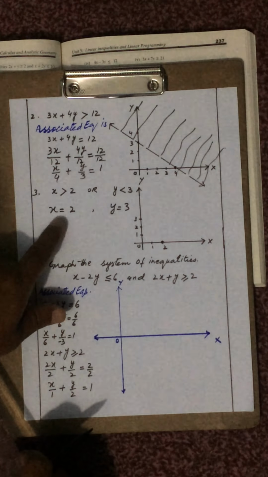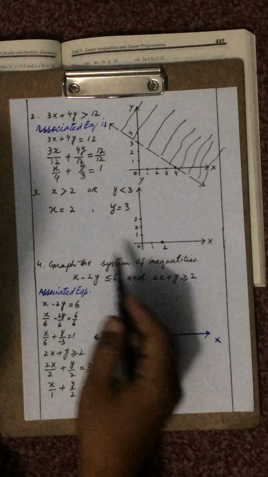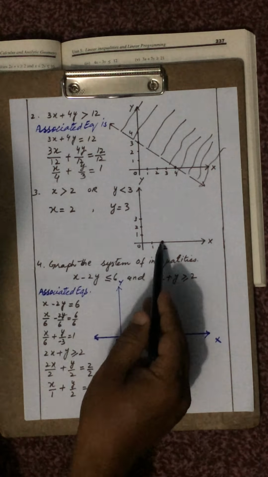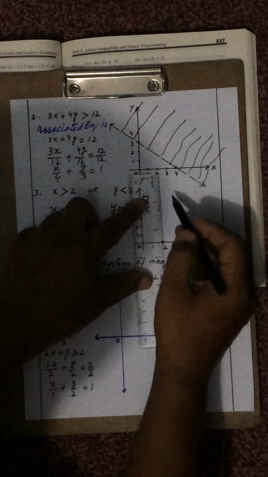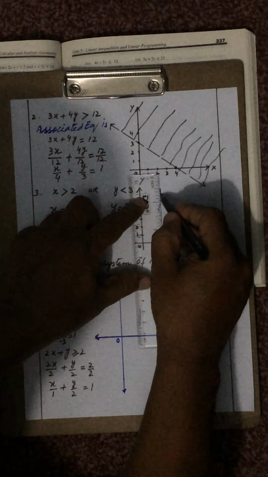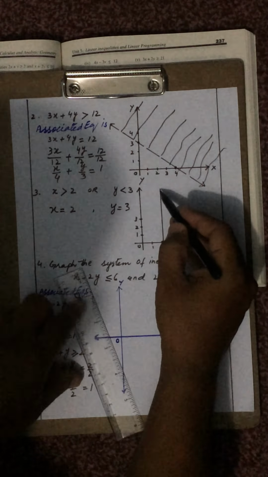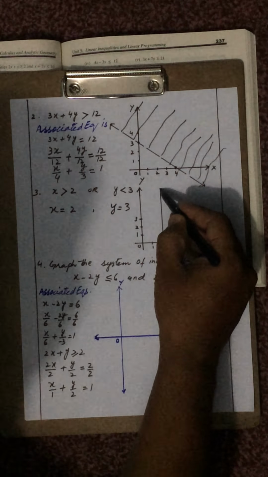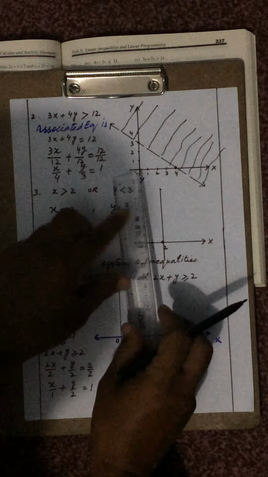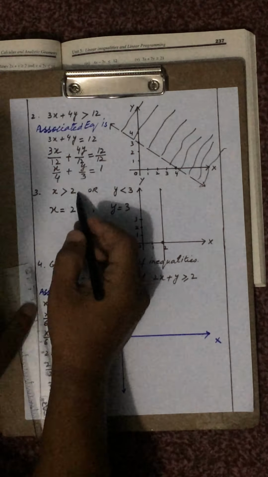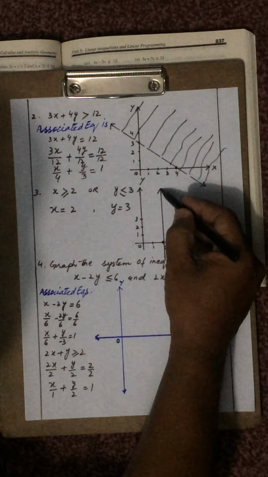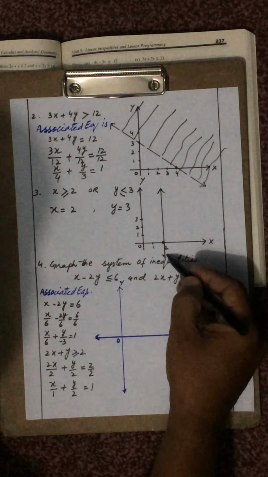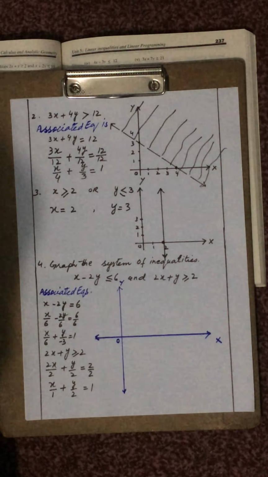So when x equals 2, we take a point on the x-axis at 2 and draw the graph. This is the graph of x equal to 2.